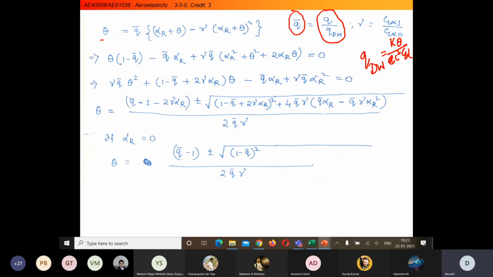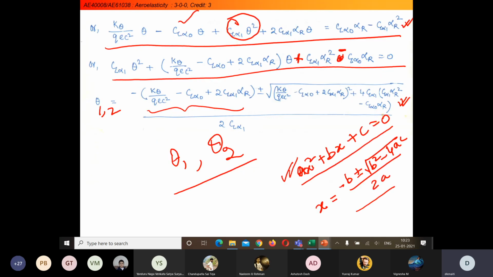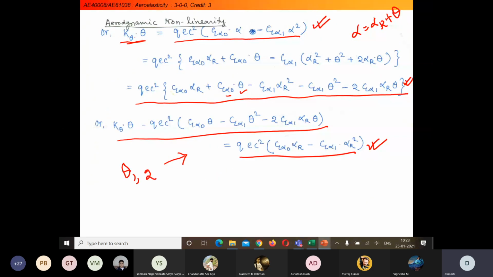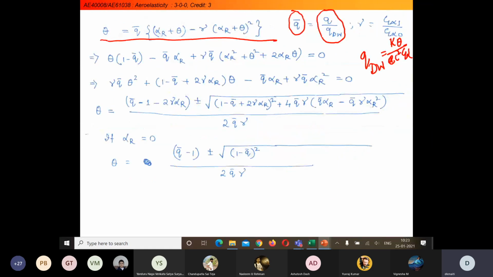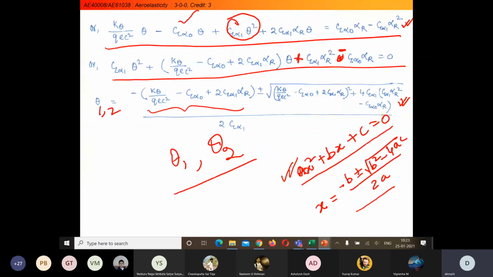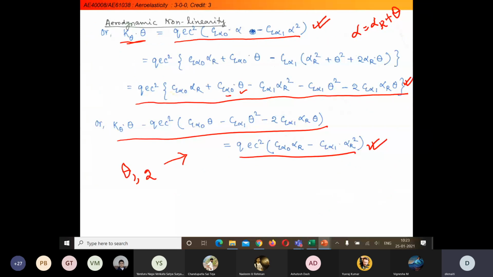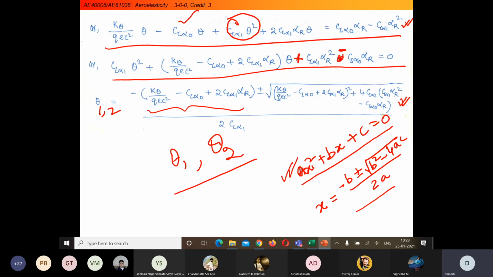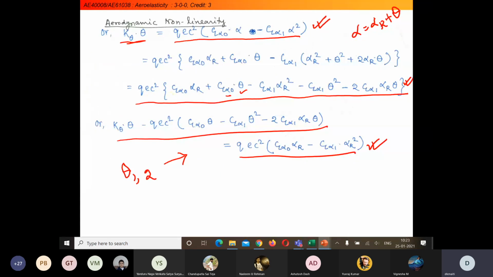If we convert the equation into non-dimensional form, then we will be getting theta equal to Q bar. Just compare this equation: I am dividing the whole right hand side by k theta, so it will become theta, and it is coming as q e c square divided by k theta. In non-dimensional form it becomes q by q d wing.